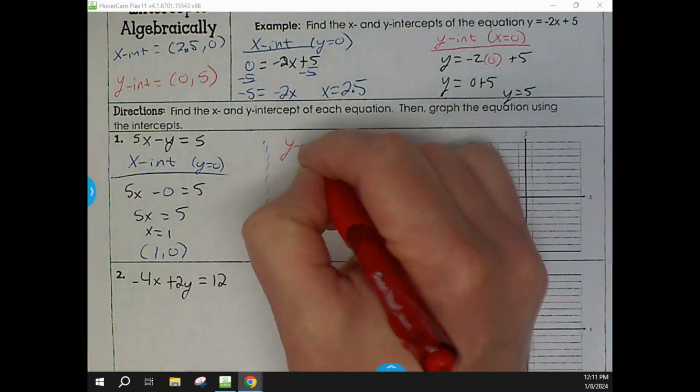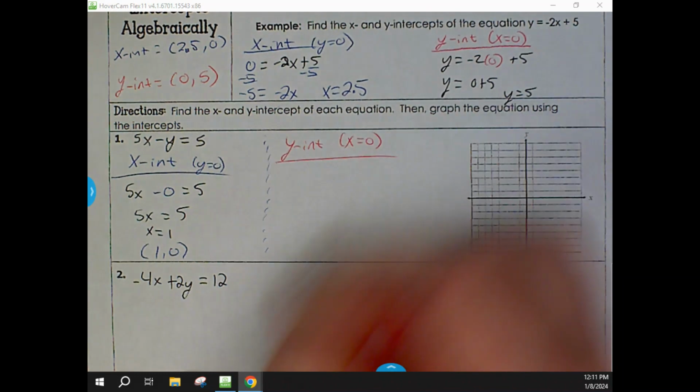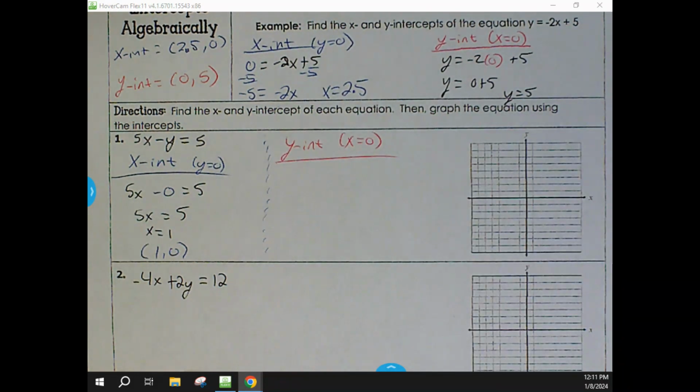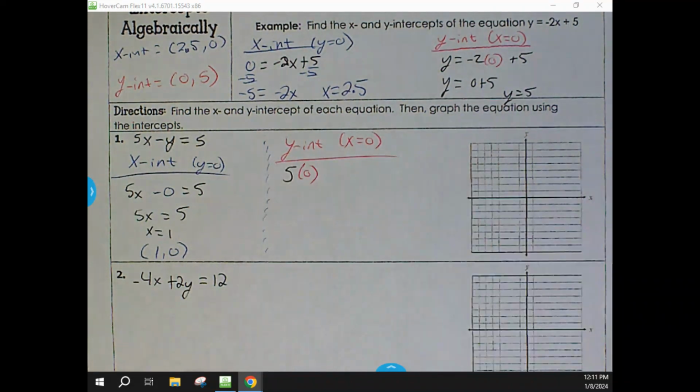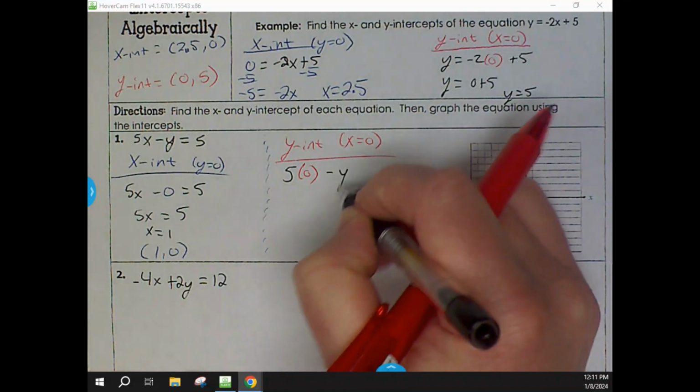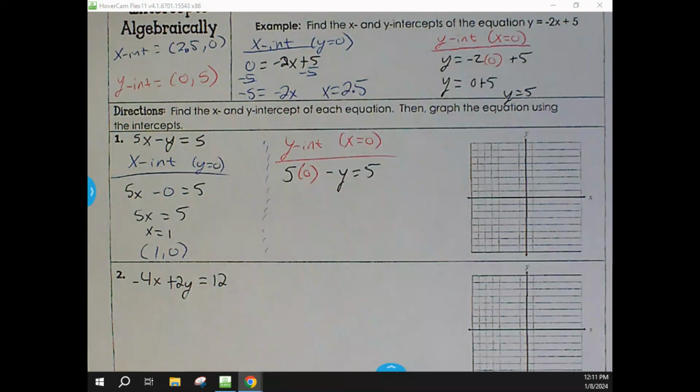Okay, and then we'll do the same thing over here for the y-intercept. So taking that equation and plugging in 0 for the x, we've got 5 times 0 minus y equals 5.